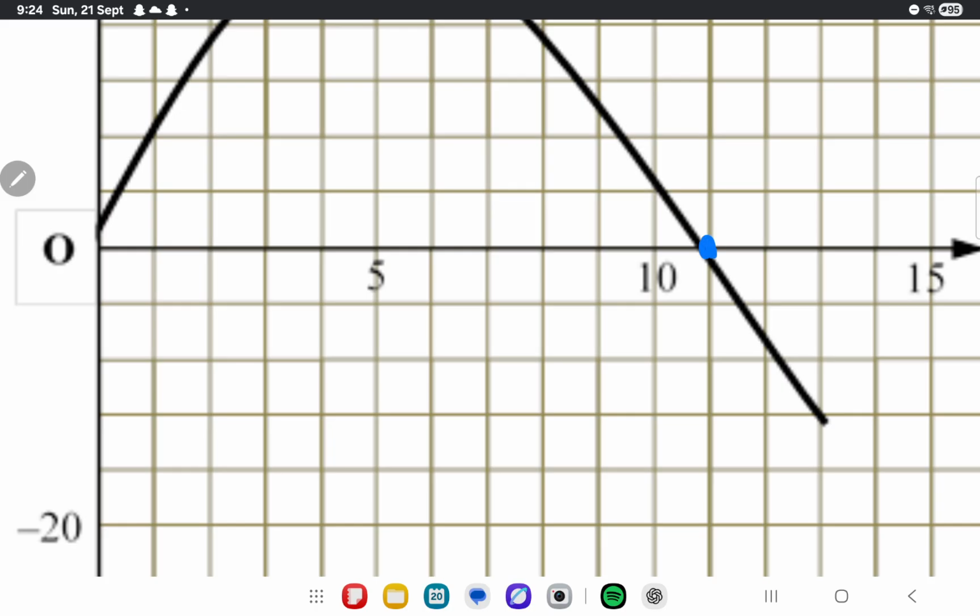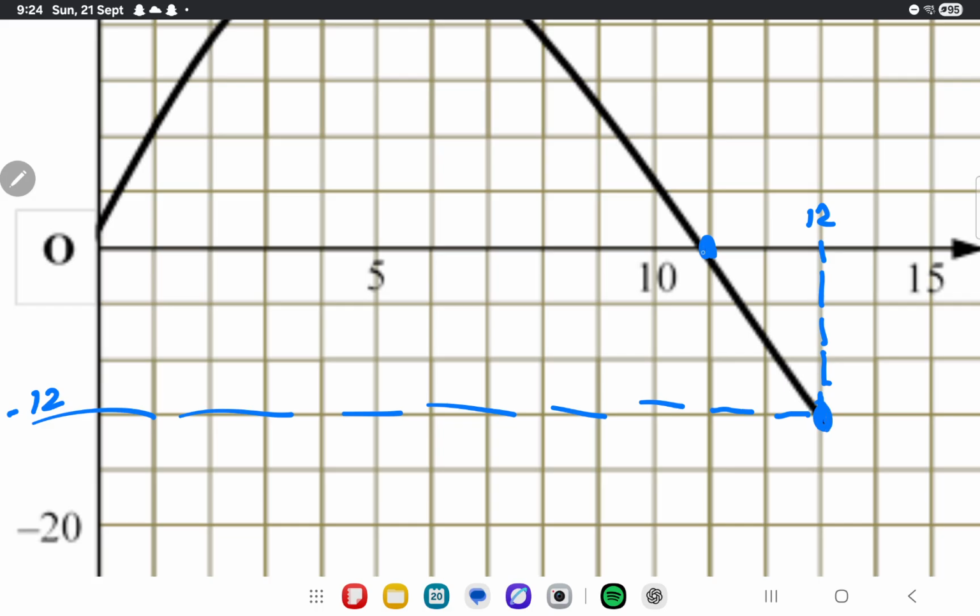But if you only approximate once, you get this point, which passes exactly through this coordinate of time, which is 12 seconds, and this coordinate of position, which is minus 12 meters. This is passing exactly, so you're only approximating once, which gives you a more accurate answer.